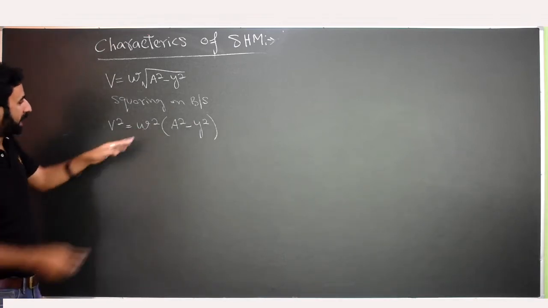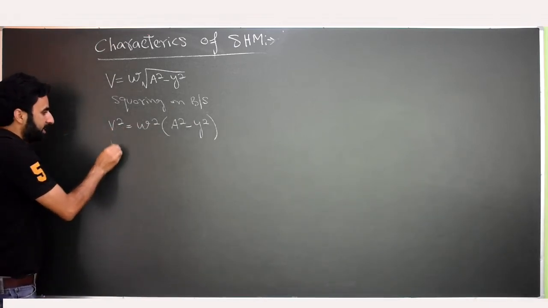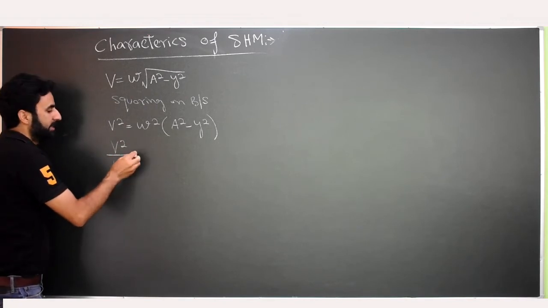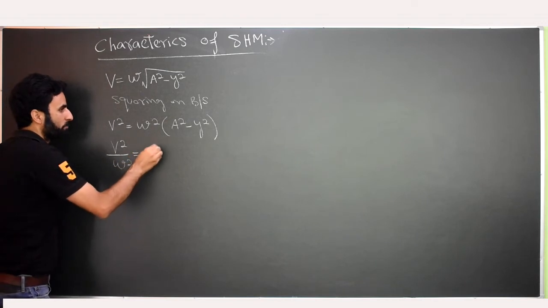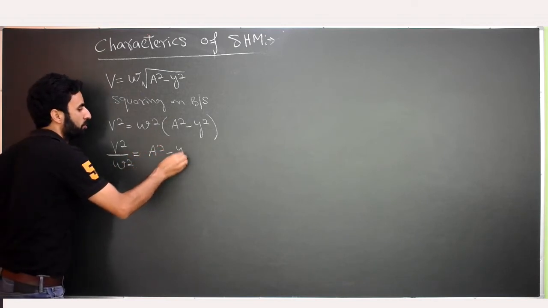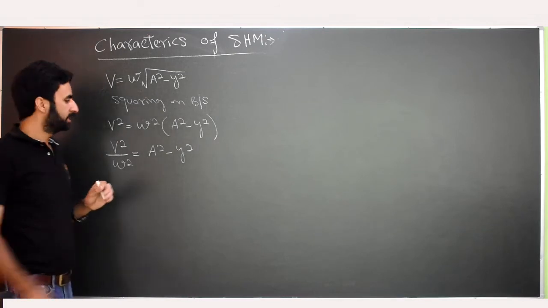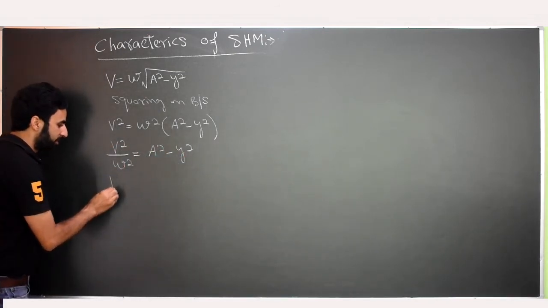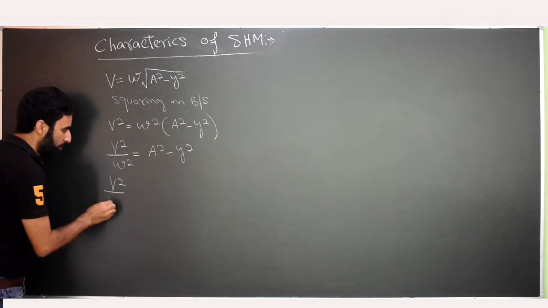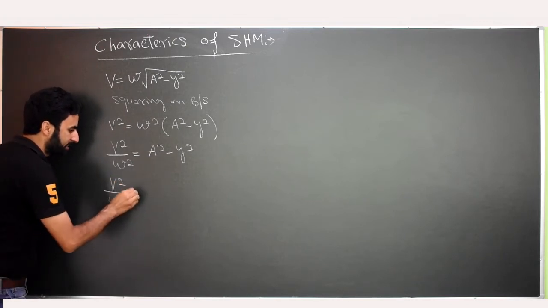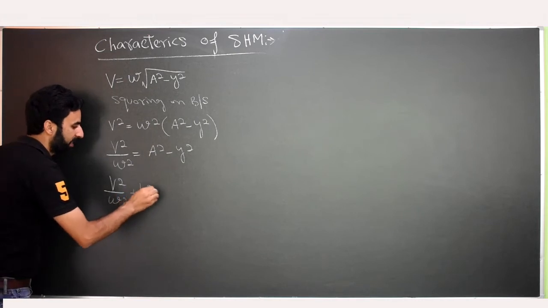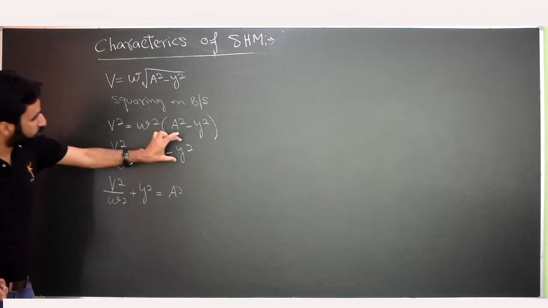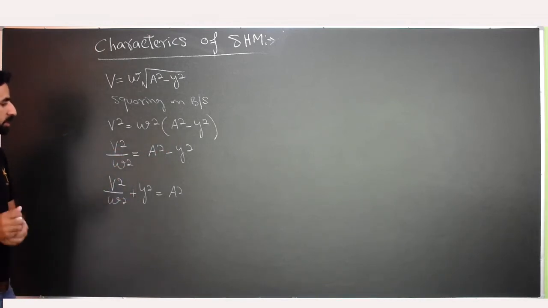Now this omega square we can bring down, so v square divided by omega square is equal to a square minus y square. This minus y square will come on this side and become plus y square, so v square divided by omega square plus y square is equal to a square.